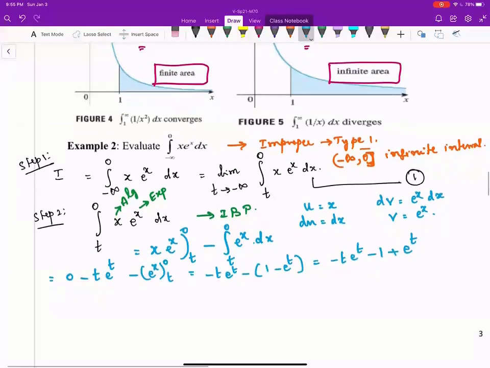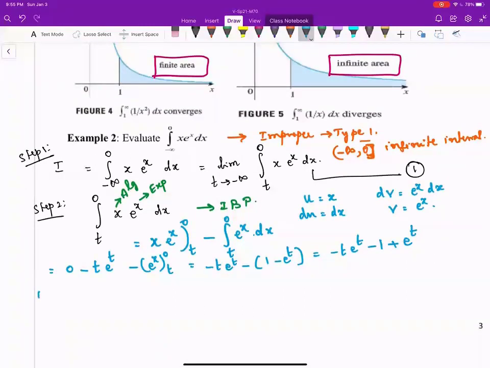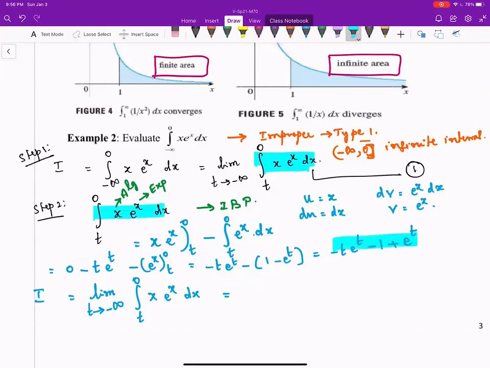Now, coming back to step number 1 in I, which is the limit as t approaches negative infinity of the integral from t to 0 of x e to the x dx. But this integral is what we computed here. So it is the limit as t approaches negative infinity of negative t e to the t minus 1 plus e to the t.